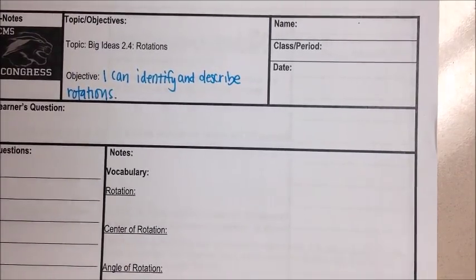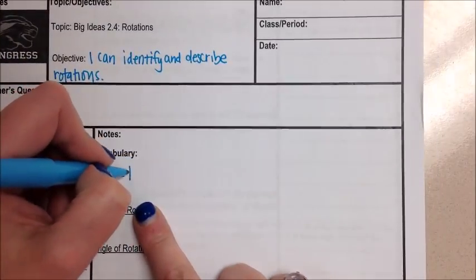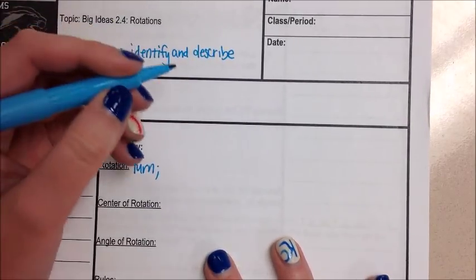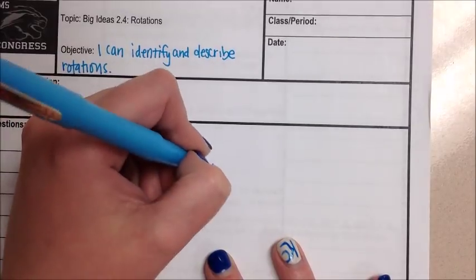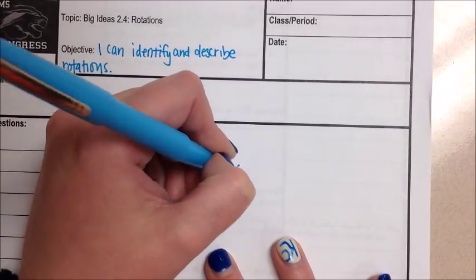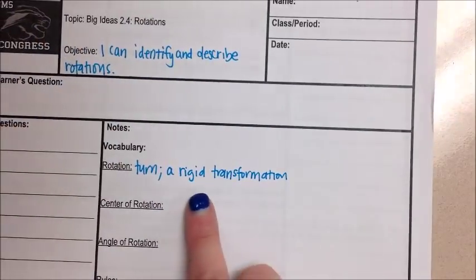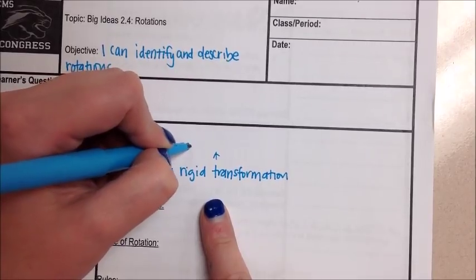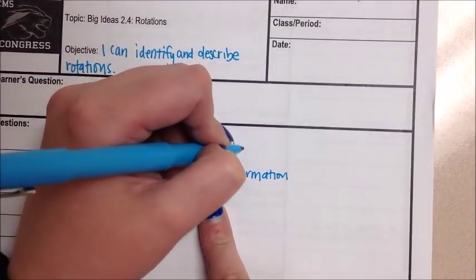Okay, so we need to kind of review what a rotation is. So a rotation is a turn. That was the non-mathematical term. Okay, it's a rigid transformation. And if you remember, a rigid transformation preserves size and shape.